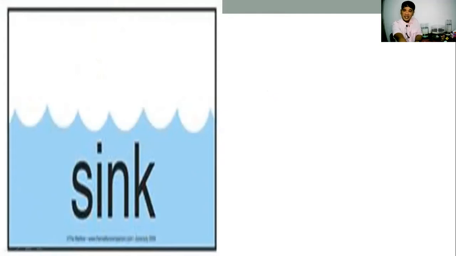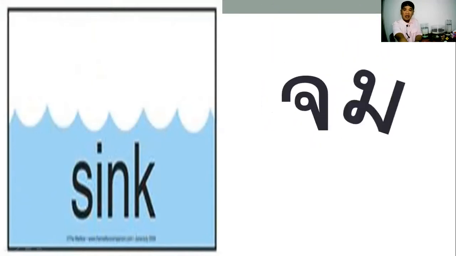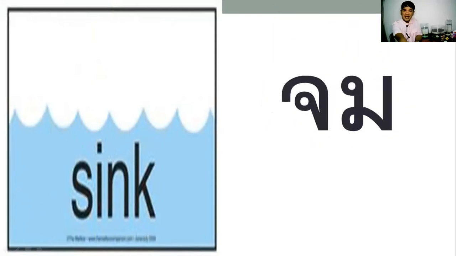And how about sink? According to teacher Anne, she is the one who translated sink into Thai, and she said this is the correct way to write sink. So that is sink in English.